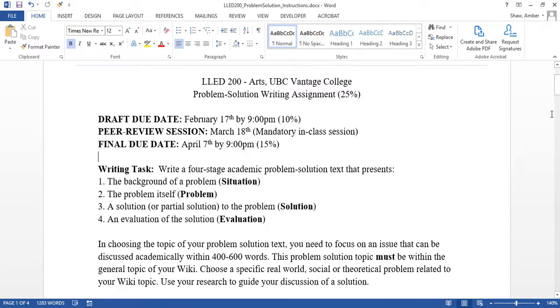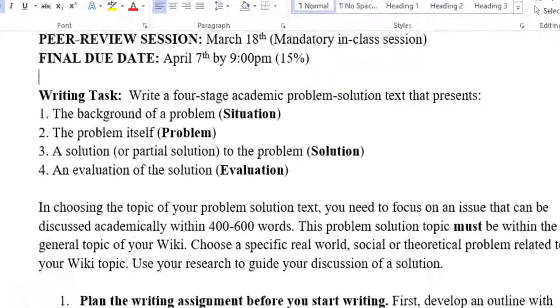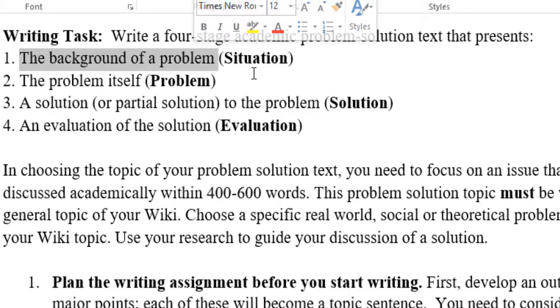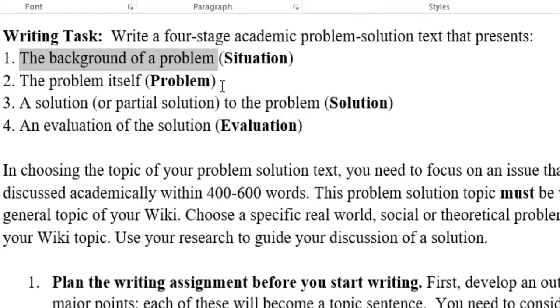again on Canvas. The writing task, so what you need to do, there is a 4-stage academic problem solution text. So in this academic problem solution text, you need to do 4 things. These are the 4 things. You're going to do a background of the problem, so informing your audience what is the situation about this problem.